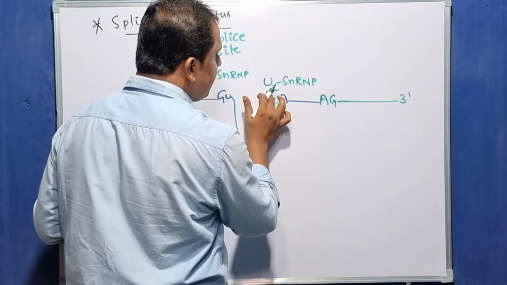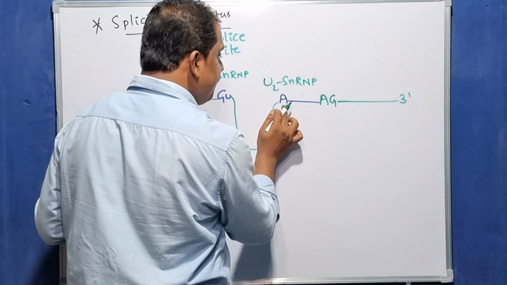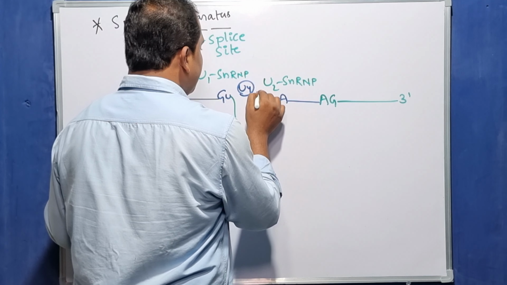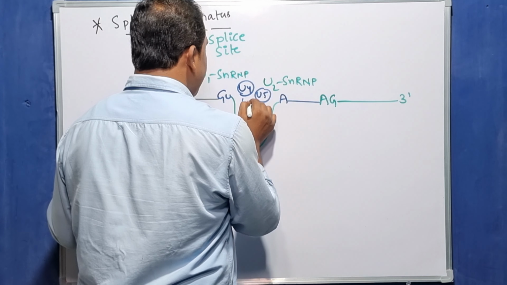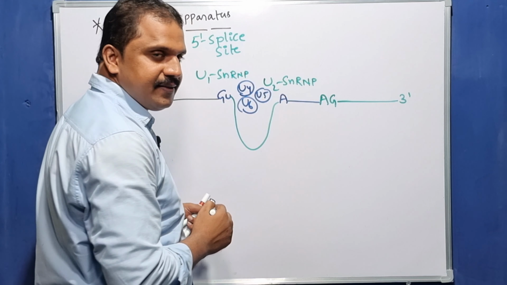So once the U2 snRNP remains in association with the adenosine nucleotide, some more factors, U4 snRNP, U5 snRNP and U6 snRNP, successfully recruit to the splicing apparatus. Is it clear?